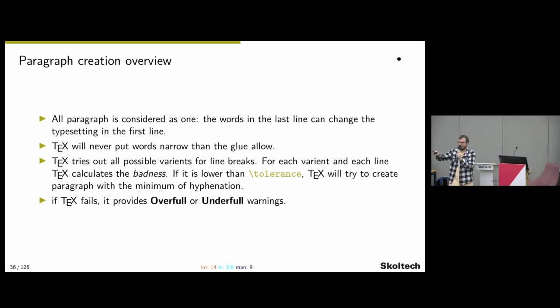Whoever noticed this? Yeah, one person. Okay, nobody noticed, but still you may see these warnings. Moreover, Overleaf, for example, shows this in a triangle, and you can see that there are some notices. What this means is that TeX tries to create a perfect paragraph, but it fails because of the settings, and it tells you that it fails.